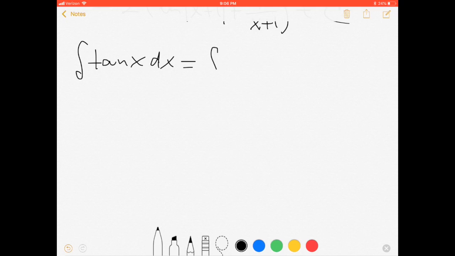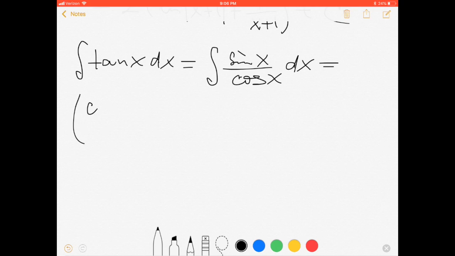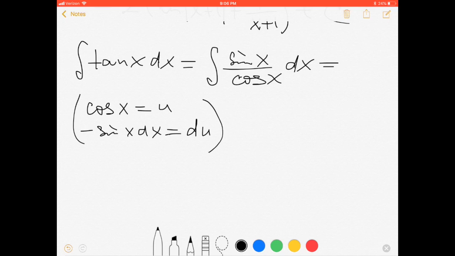Remember the definition: tangent is sine over cosine. Remember the relation between sine and cosine. This means I'm doing a substitution: cosine x is some u. The derivative will be minus sine x dx, which is du.